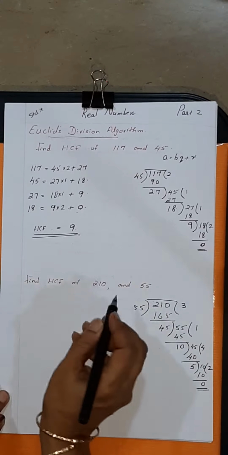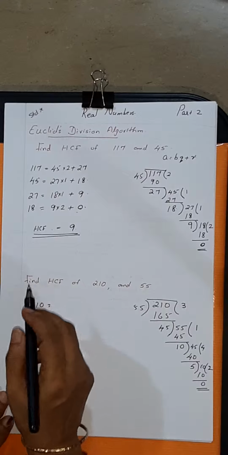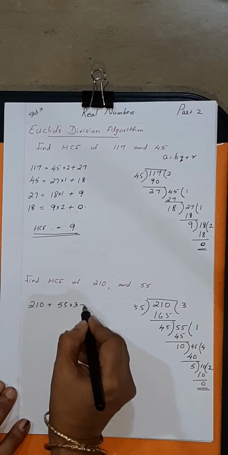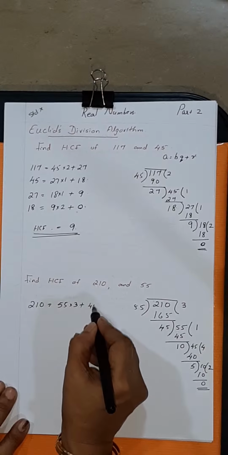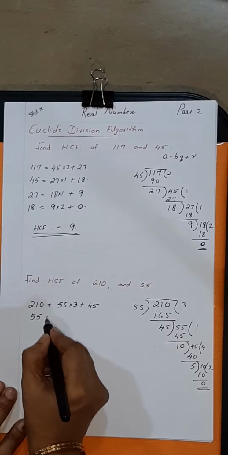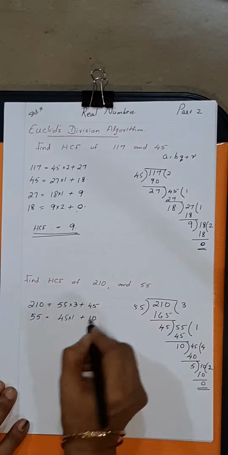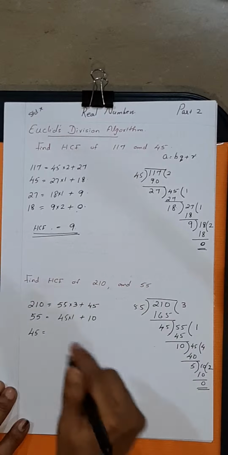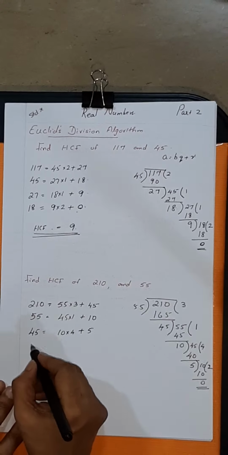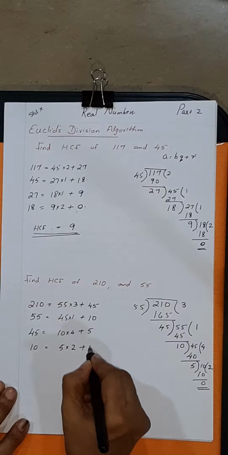So you can write this now using Euclid's division lemma. 210 is equal to 55 into 3 plus 45. Then 55 is equal to 45 into 1 plus 10. 45 is equal to 10 into 4 plus 5, and 10 is equal to 5 into 2 plus 0.